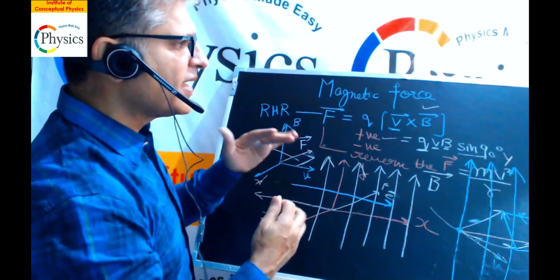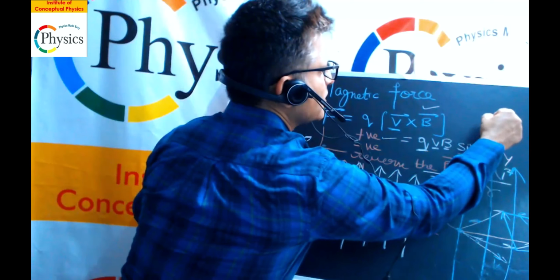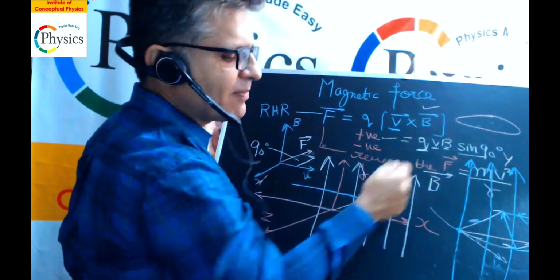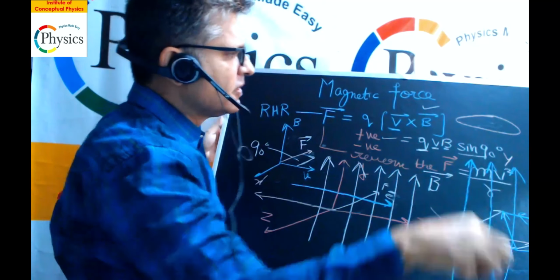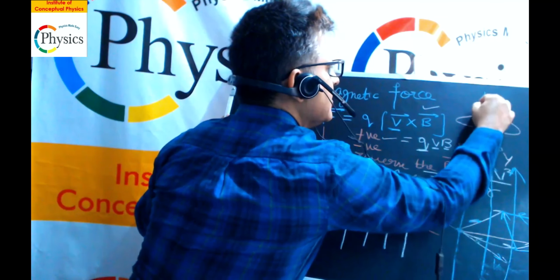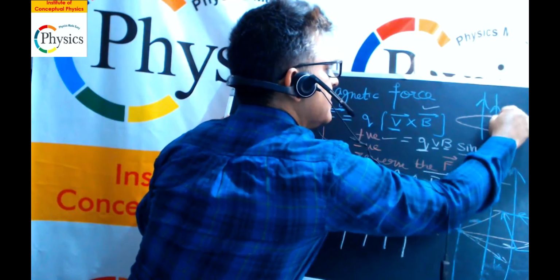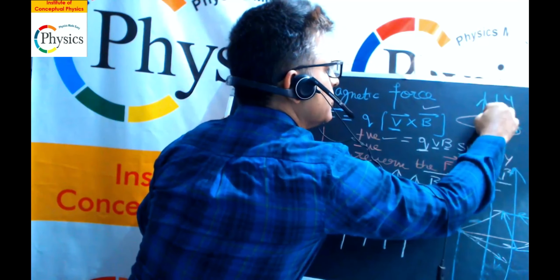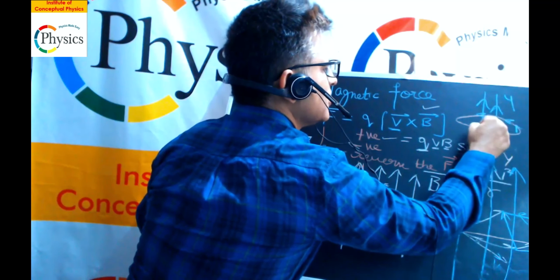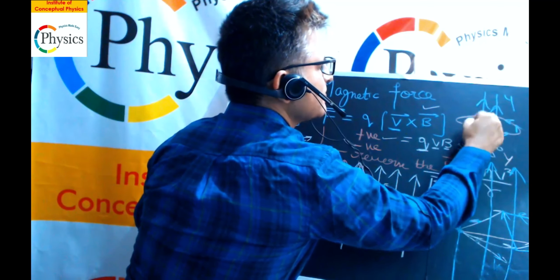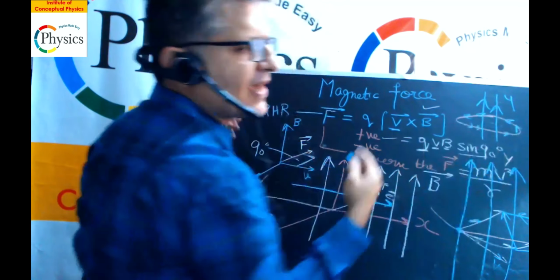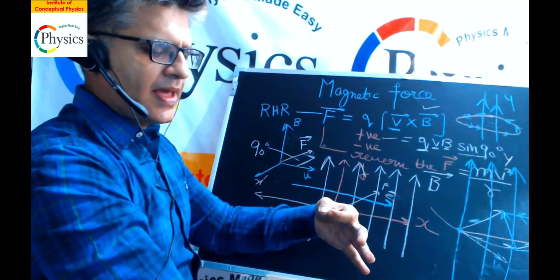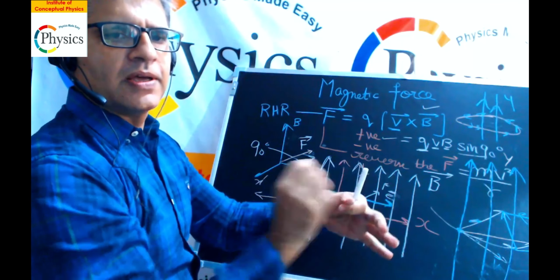So this is the insight I wanted to bring in, that the circle is like this. This is the xz plane and the magnetic field is upward in the y-axis, and this is the sense of direction you get in the plane. The circle is in the xz plane, and the magnetic field is upward.